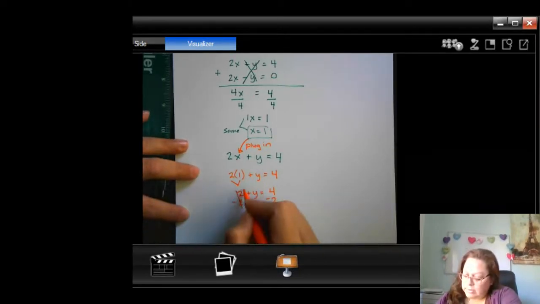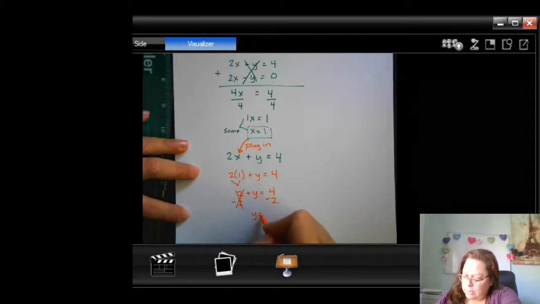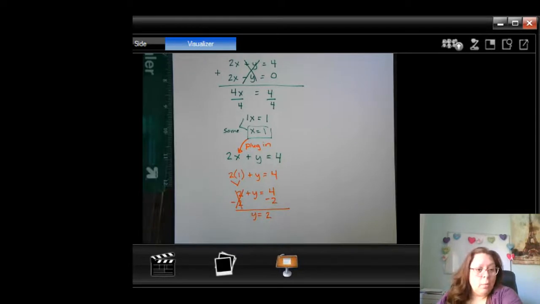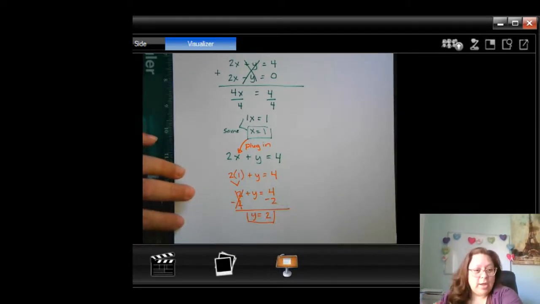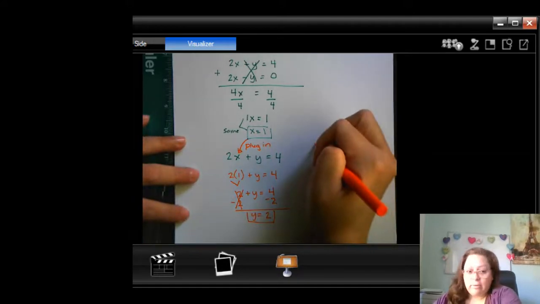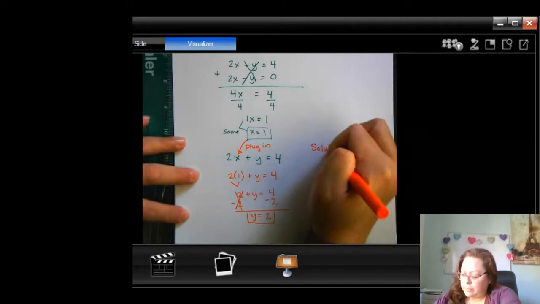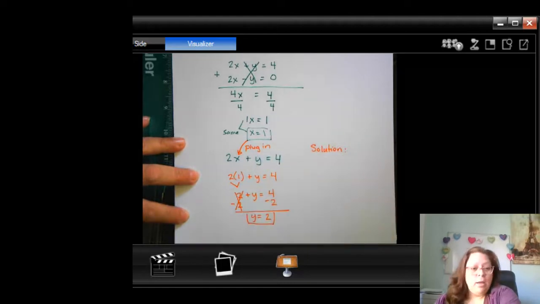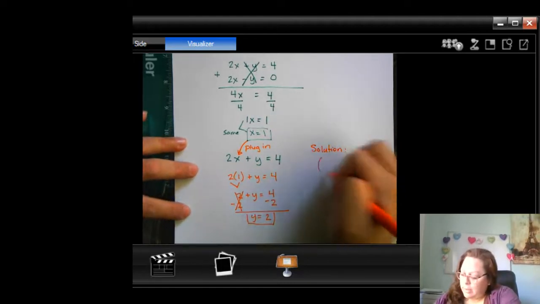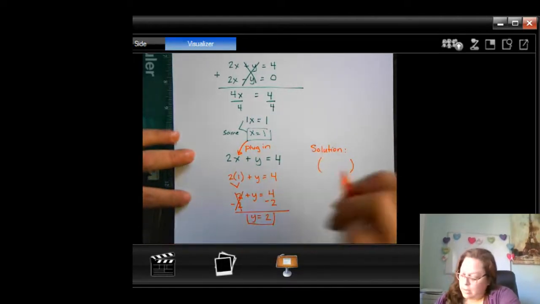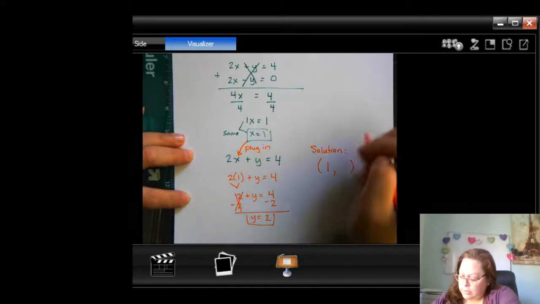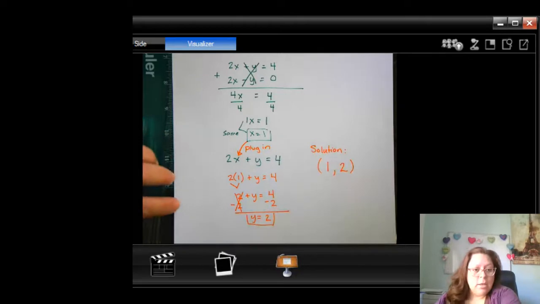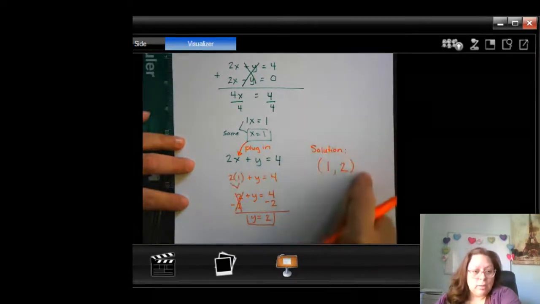The 2's will cancel, and y equals 4 minus 2, which is 2. Y will then equal 2. Now that you have both x and y, you have what we call the solution. And the solution here, you put it into a coordinate, is x is 1 and y is 2. So now this becomes your solution.